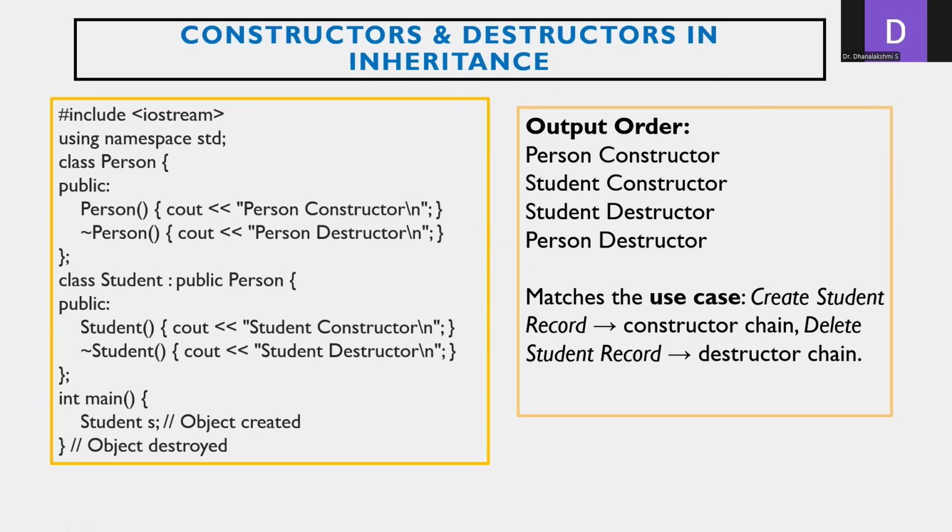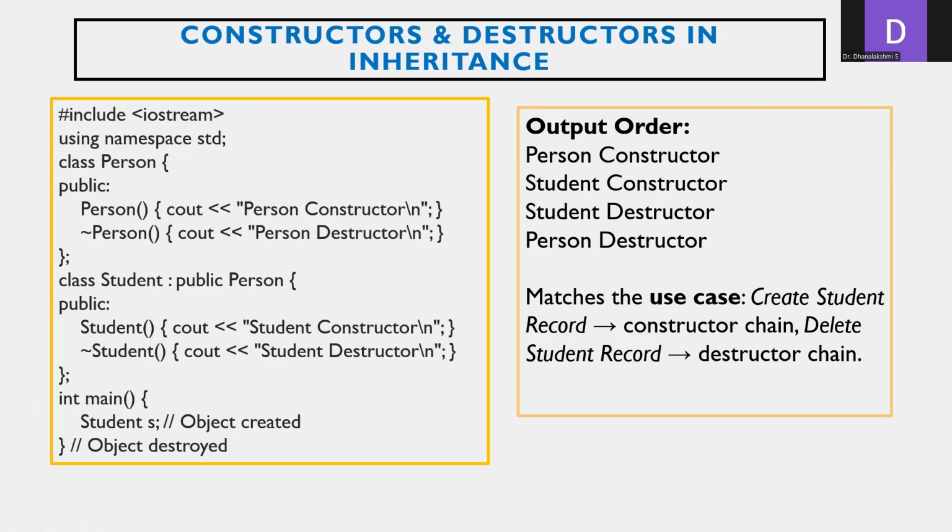Just to summarize, during creation, the base class sets up the common foundation first. Then the derived class adds its own features. Sorry, I will repeat again. The order goes like this.